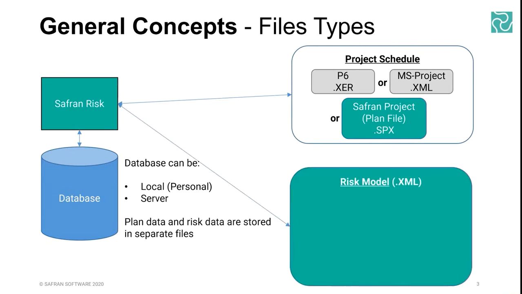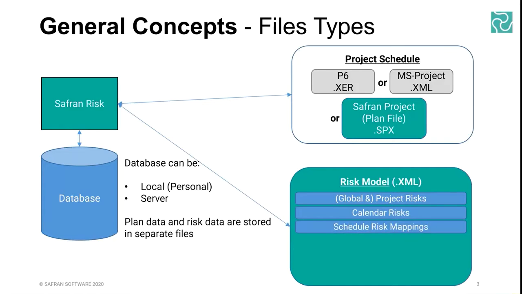So the first component is the project schedule, and the next component is the risk model. As you start building cost, risk, etc., this can also be imported and exported as a single .xml. The risk model will include things like your global risk register, project level risk register, your calendar risks, and your schedule risk mappings, the mappings of risks to the schedule activities.